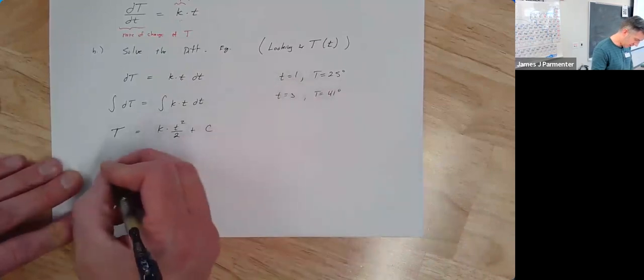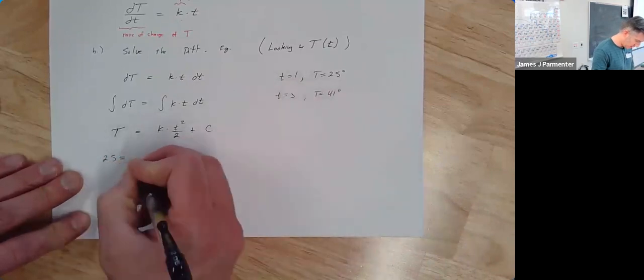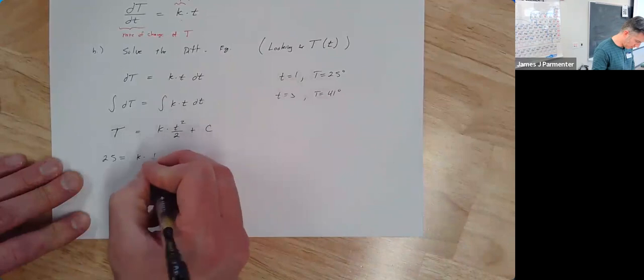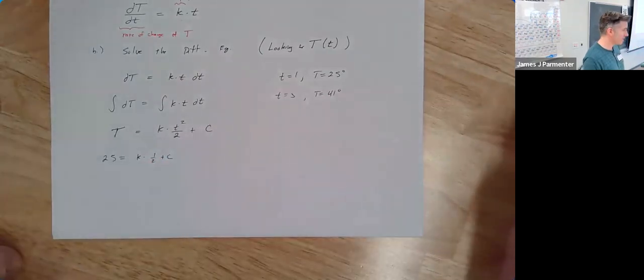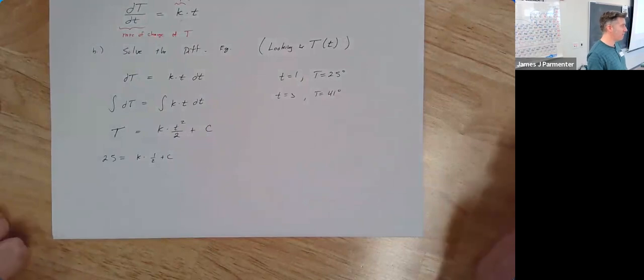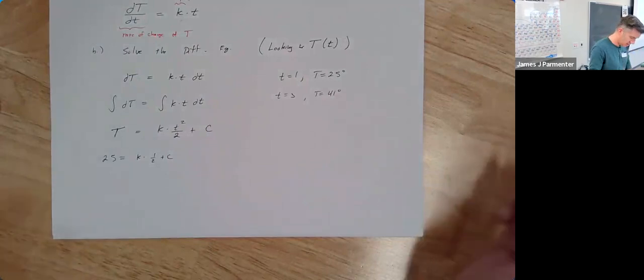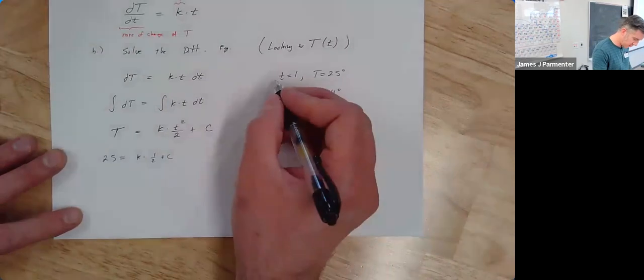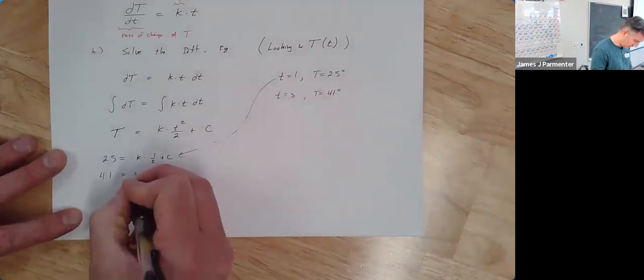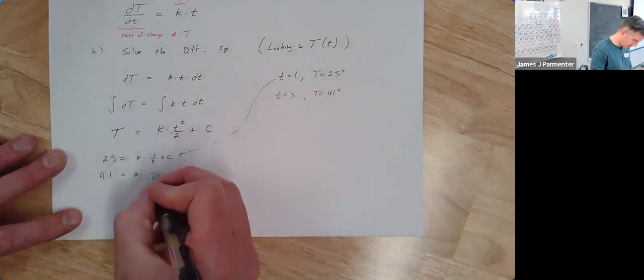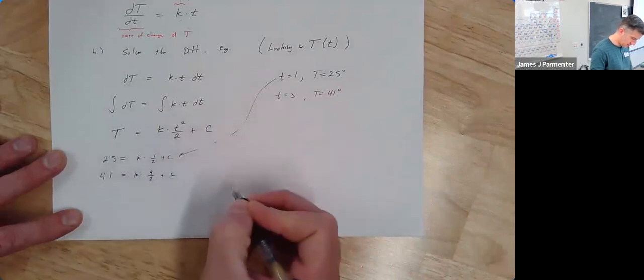So I'm going to plug in 25 for temperature and get K times 1 over 2 plus C. I can't actually solve for K or C yet. That's pretty typical if I don't have the value at time equals 0. And then plugging in the other one, I'm going to get 41 equal to K times 3 squared over 2 plus C.